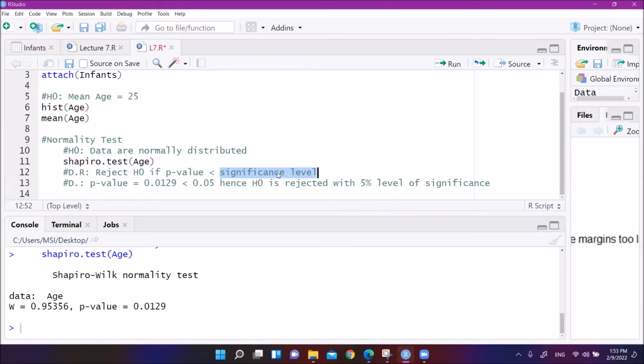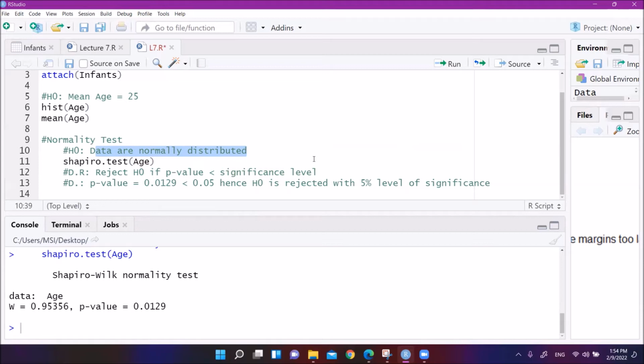So what if I ask you to check this hypothesis at the 1% significance level? You are checking whether the p-value is less than 0.01. In that case, what happens? Is this value less than 0.01? No, it's greater, so you accept H0. At that significance level, you say this data is normally distributed, and you can simply perform the t-test.